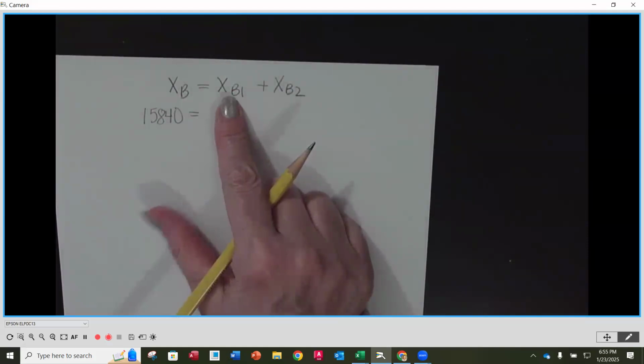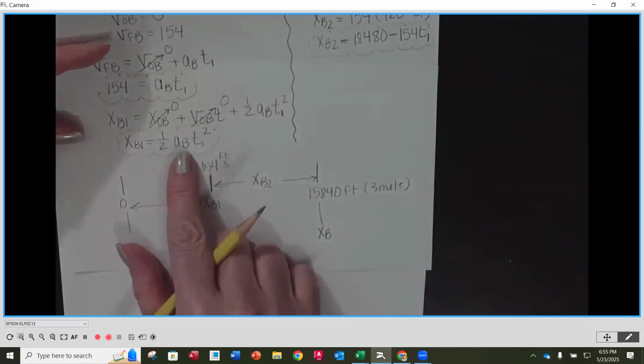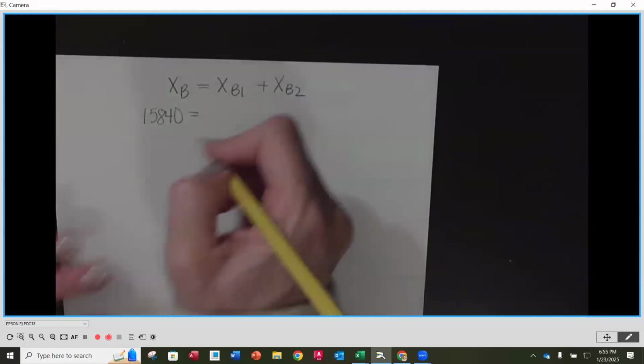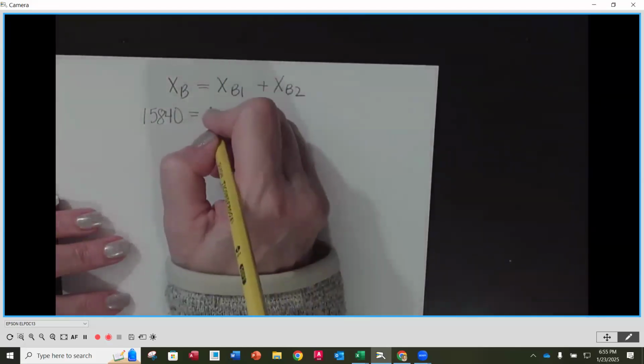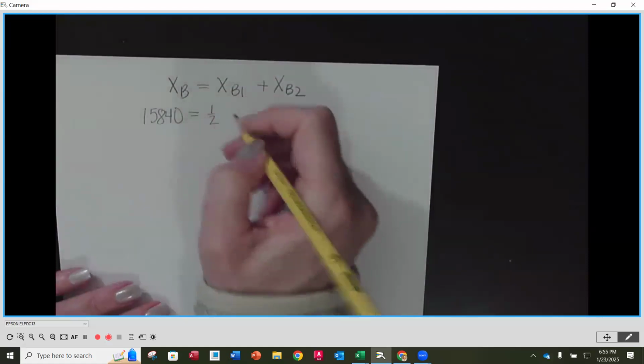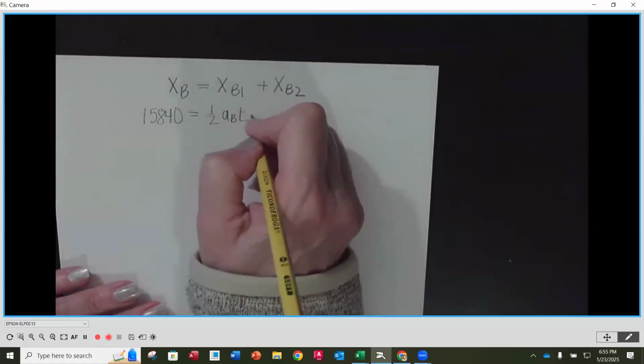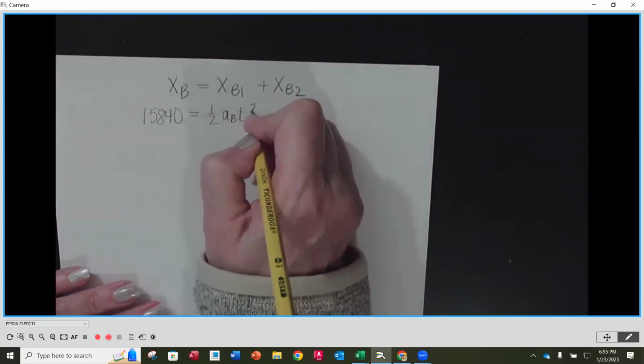We know XB1 is 1/2 AB T1 squared, where AB is the acceleration of that car during that phase.